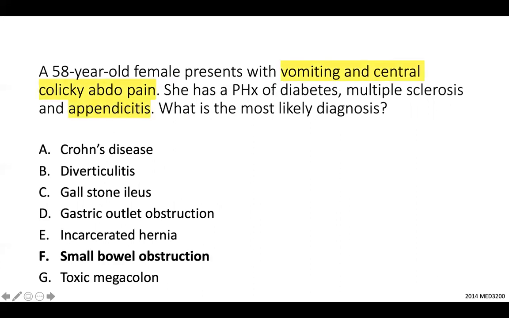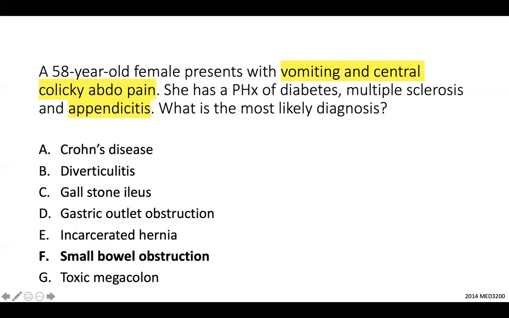I still put down SBO because I'm assuming they had surgery for appendicitis and they had hernias, but I don't know about this one. So that's up for debate if you guys want to debate it. But the thing is, central colicky abdo pain is just so classic of an SBO.